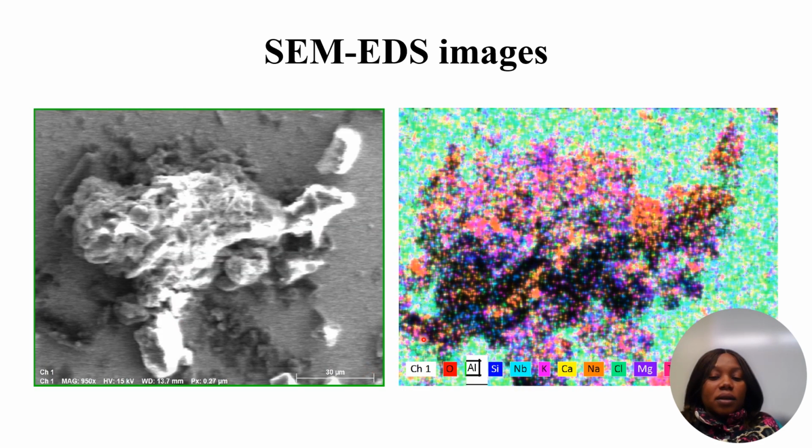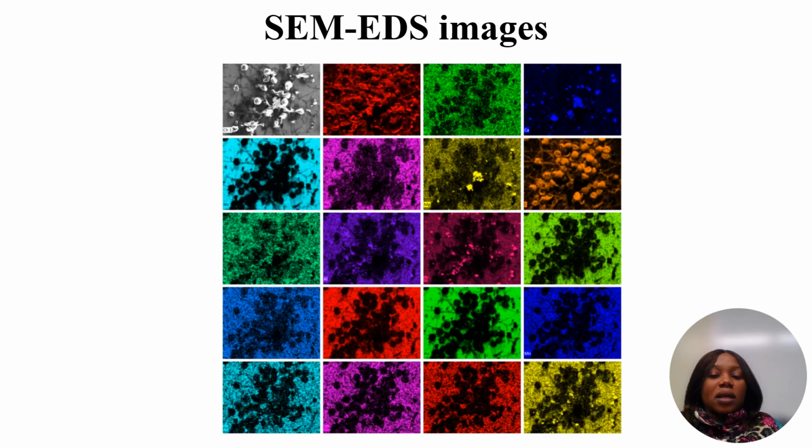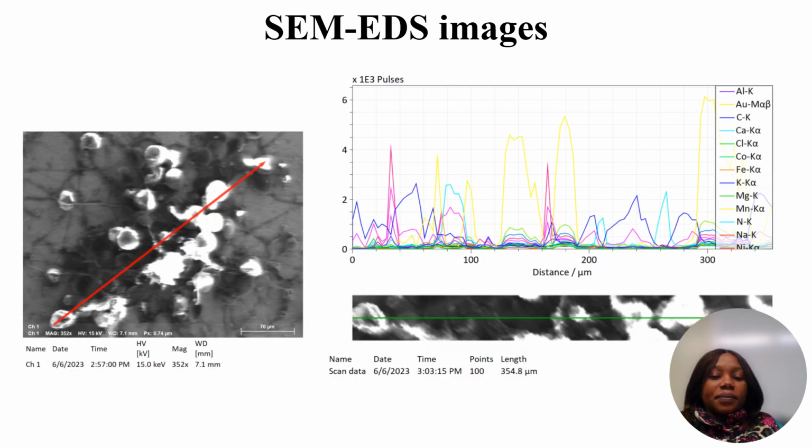So this is another example showing EDS mapping with elements that are present. And this is another way we also do this. You can draw a line, and then it will look at that line and give you the elements that are present just around that area where you drew the line.